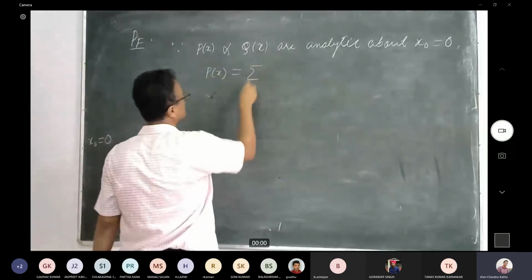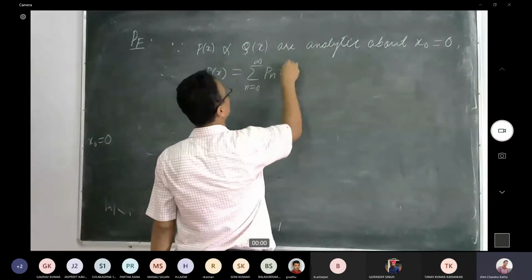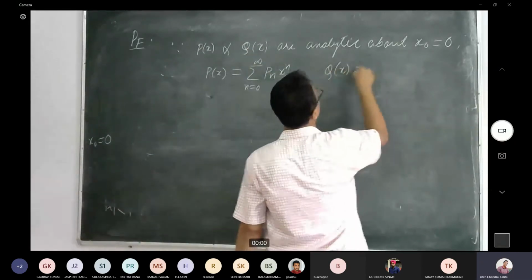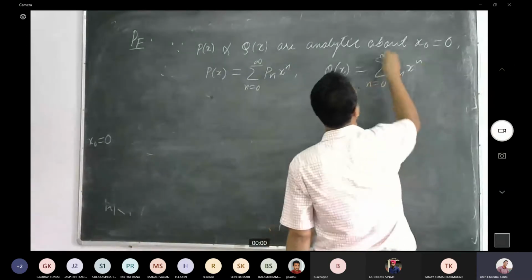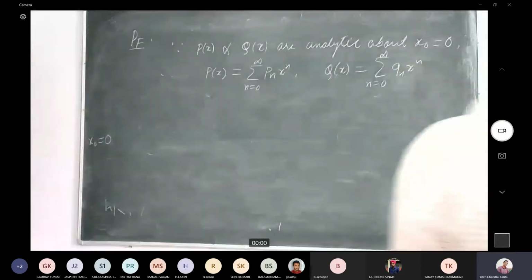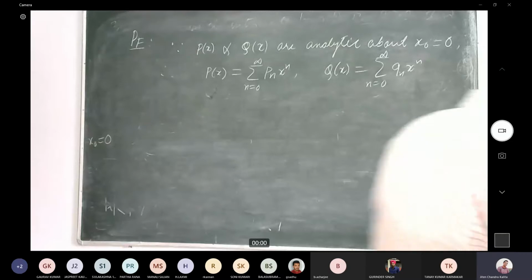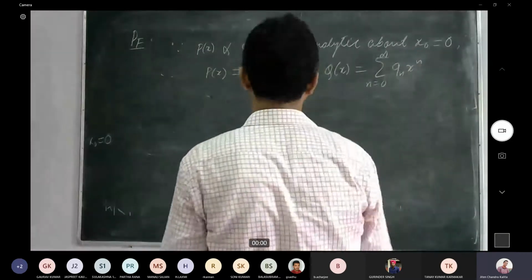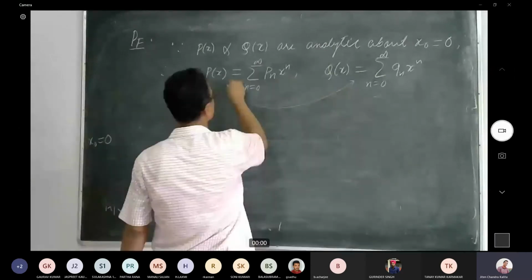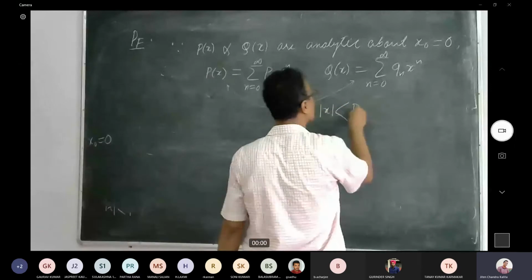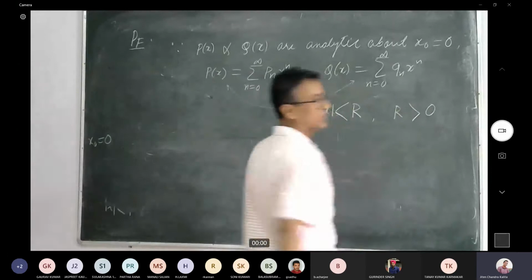Px can be expressed as the sum of Pn x to the power n, and Qx as the sum of Qn x to the power n, n from 0 to infinity. Again, by the given condition, both these series converge in this interval, for some r greater than 0.